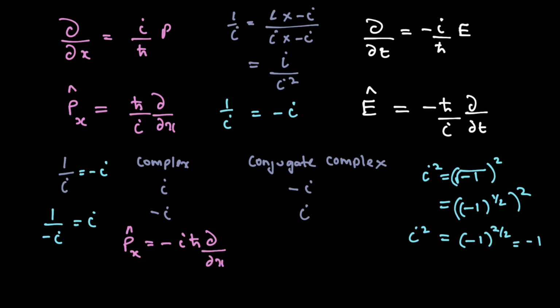For the energy operator, we got 1 over minus i, and 1 over minus i is i, so that would just be i h bar times the partial derivative with respect to t.